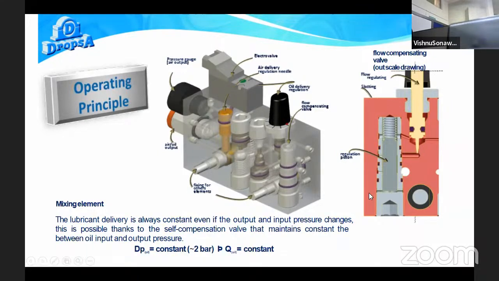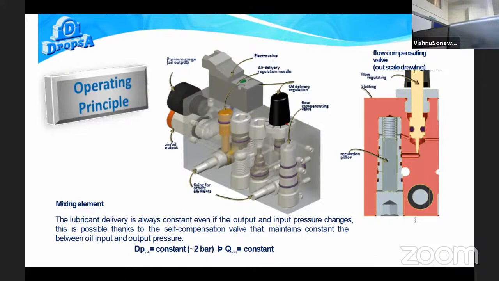And this is the flow compensating flow control valve. What will happen is that this flow regulating valve moves up and down. When the pressure at the system side increases, the maximum oil flow is supplied, and when there is minimum pressure at the system side, the minimum oil flow is supplied towards the system.